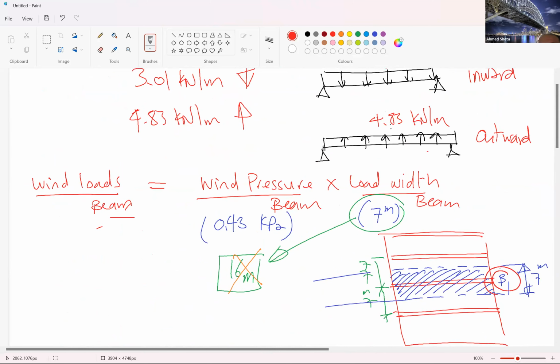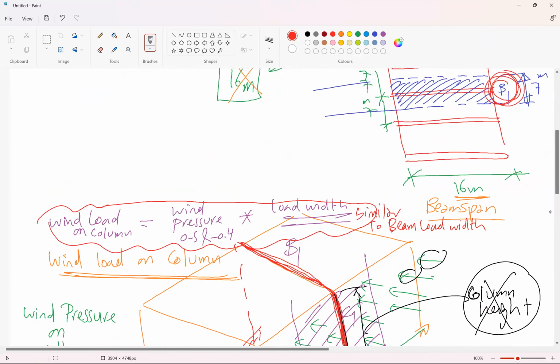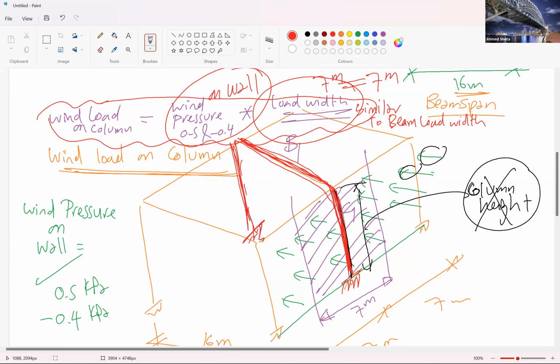To calculate the wind load on B1, you need to calculate the wind pressure on the roof times the load width of the beam. Similarly, for the column, we need the wind pressure on the wall times the load width of the column. The trick is that the load width of the beam equals the load width of the column, because they are the same frame, repeated with similar spacing.